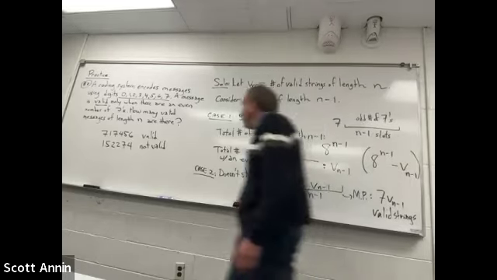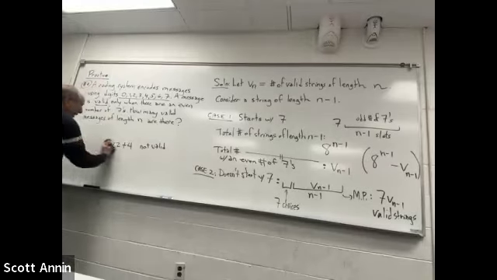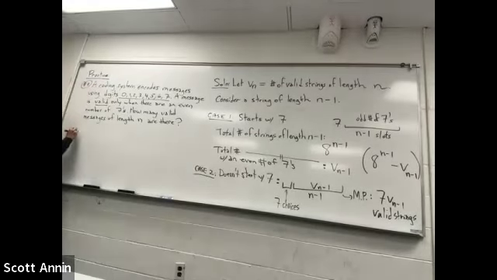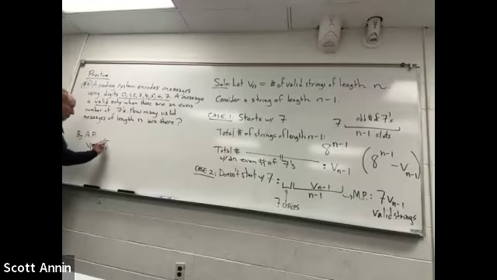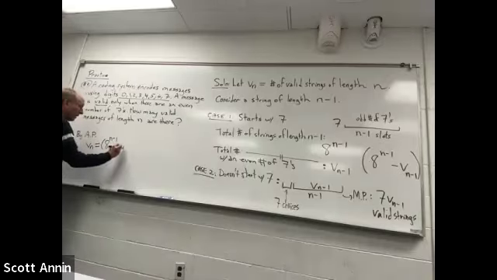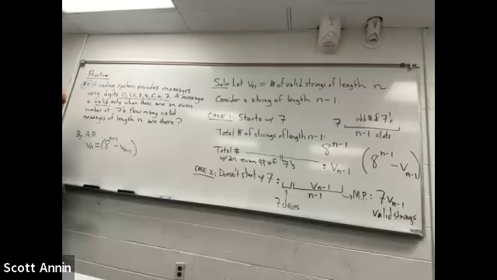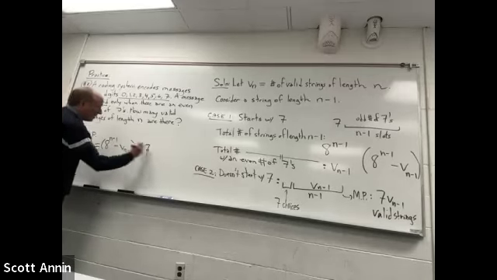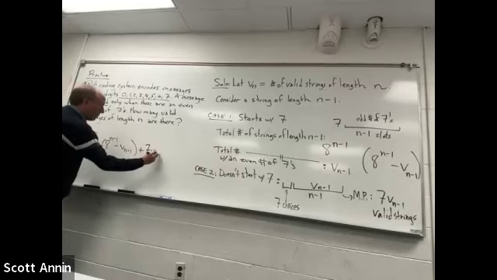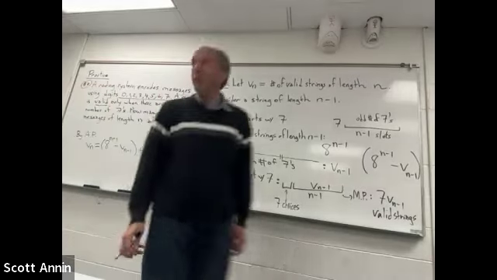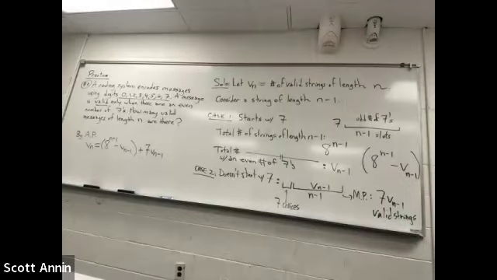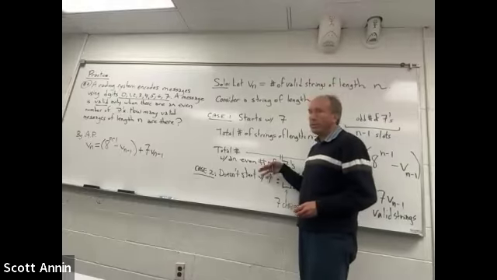Okay, and now I'm going to use the addition principle, right? So by the addition principle, v sub n should be 8 to the n-1 minus v sub n-1 plus 7 times v sub n-1. So I'm adding my two cases together. Everybody agrees, right, that there's no other cases?